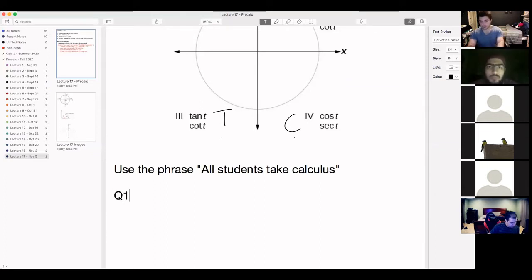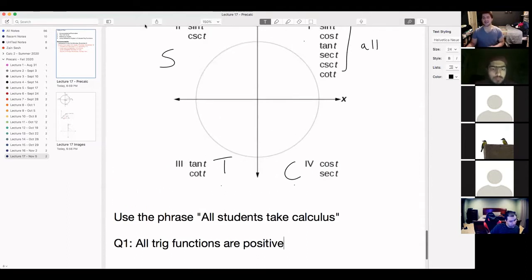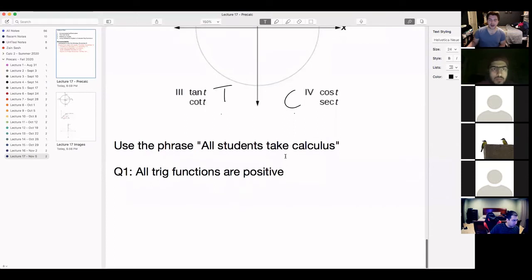Okay, good. So quadrant 1, we have all trig functions are positive. Meaning if I take an angle that lives in the first quadrant, all of them evaluated at that angle will be positive. Quadrant 2, sine is positive.